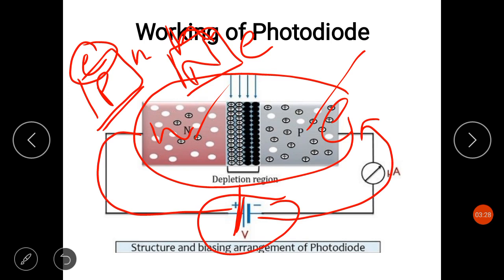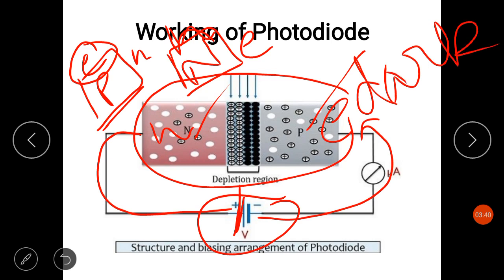Now due to this movement, a very small reverse saturation current will flow through the device, and that is known as dark current. Why is it called dark current? Because this current is totally the result of the flow of minority carriers and thus flows when the device is not exposed to any type of radiation or light.